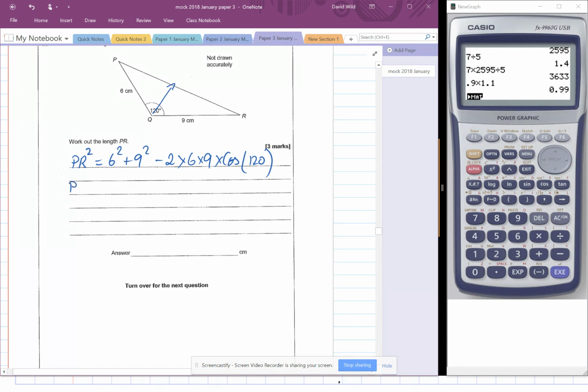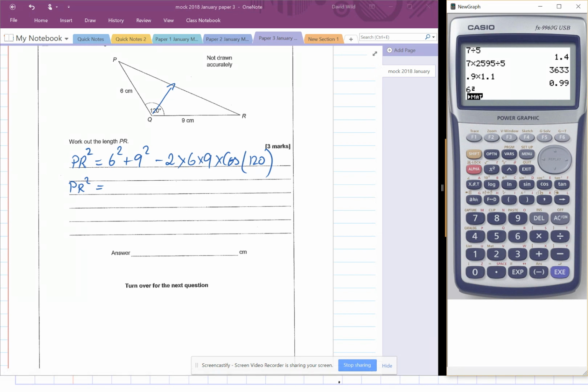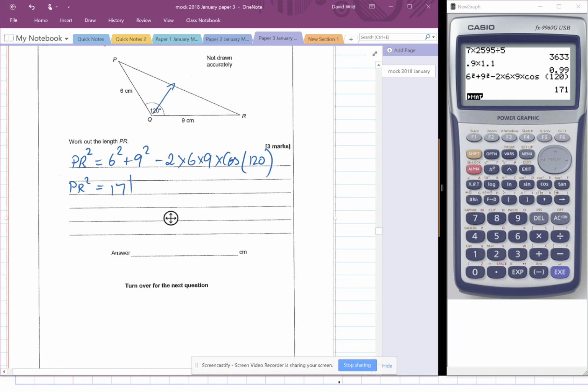Okay, so PR squared equals, let's work this out, 6 squared plus 9 squared minus 2 times 6 times 9 times the cosine of 120 degrees. 171. So PR is the square root of 171.